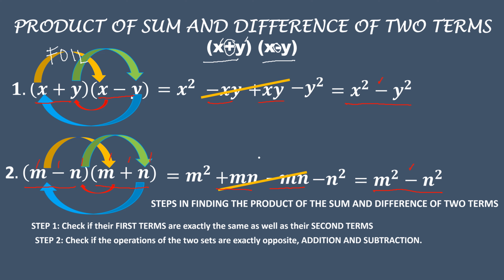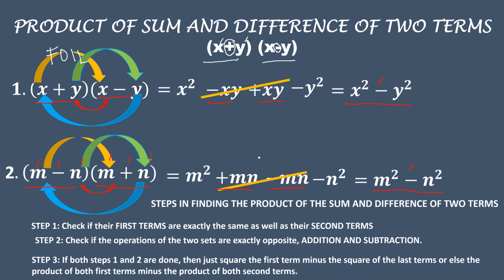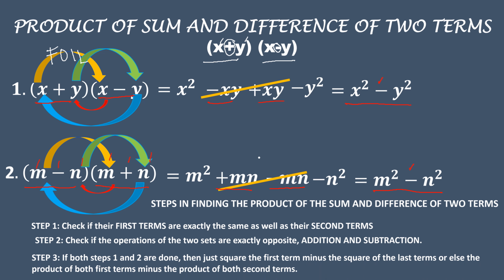They are exactly opposite. While in number 2, we have m minus n and m plus n. So we are done checking. Thus, step 3: if both steps 1 and 2 are done, then just square the first term minus the square of the last term.